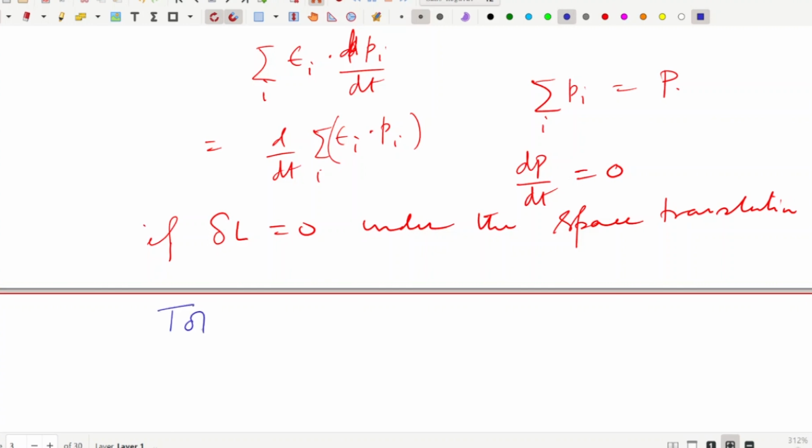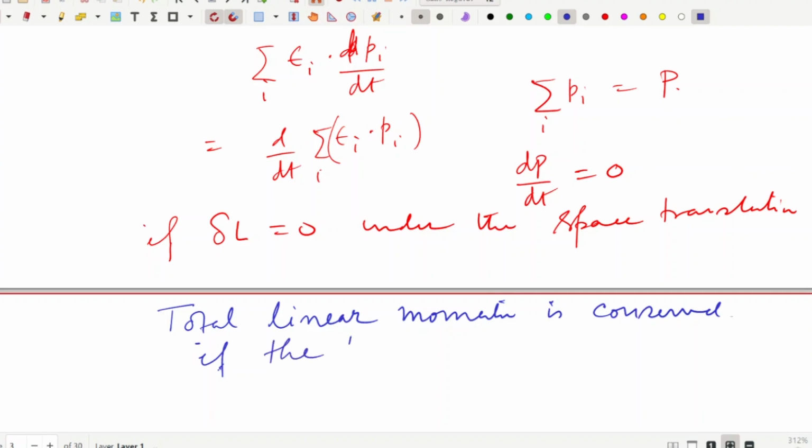So, total linear momentum is conserved if the Lagrangian is invariant under space translation.